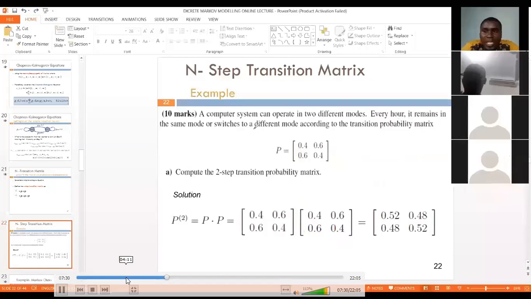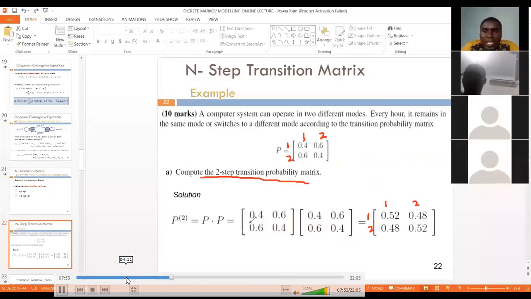Every hour it remains in the same mode. So let's say we have 2 modes, mode 1 and mode 2, mode 1 and mode 2, okay. So in the same way, when it comes to the final transition, it will be 1 and 2, 1 and 2. But you are asked to compute the 2-step transition probability matrix.